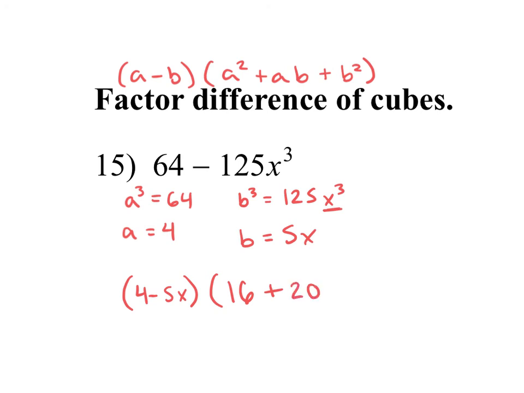Because it's 4 times 5x. So we multiply the numbers, but just leave the x. And then plus b squared. So we have 5x squared. How do we write that? 25x squared. Because the 5 gets squared and the x gets squared. And that's our answer.